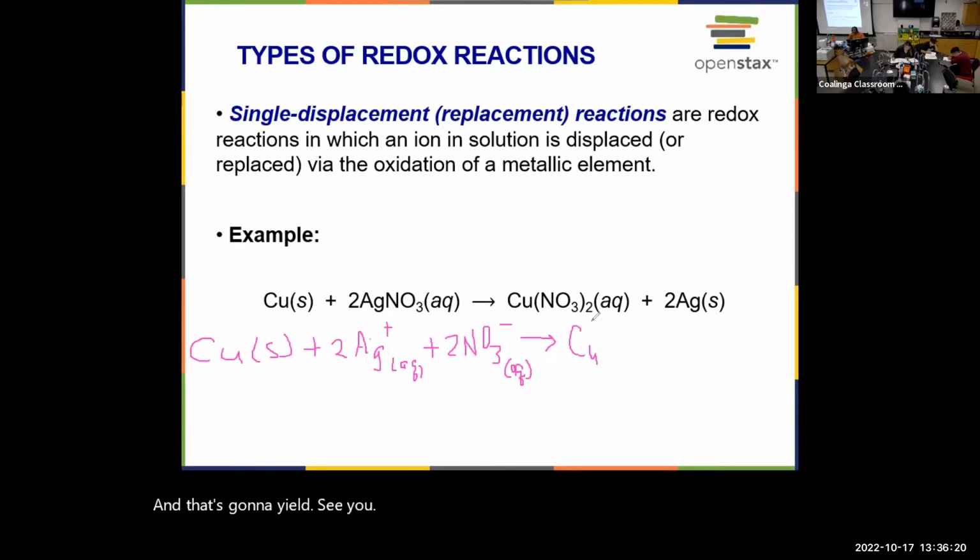What is the charge on the copper? Plus... aq. And then we're going to have 2 NO3.